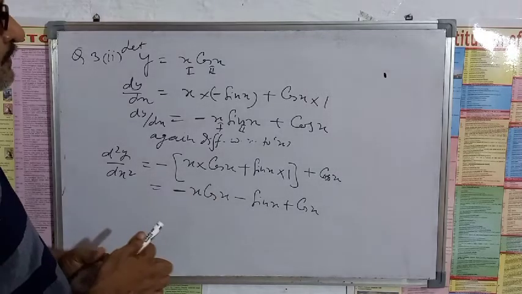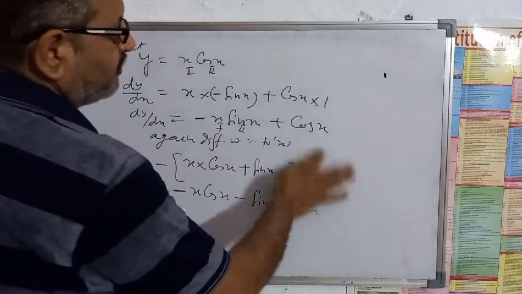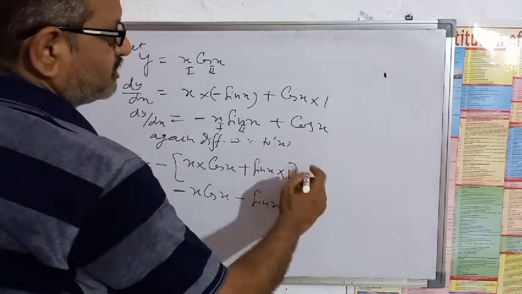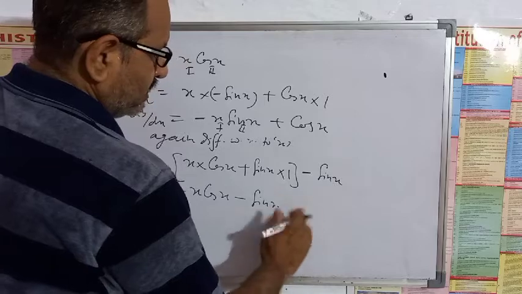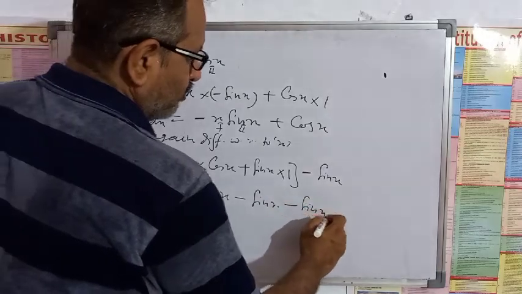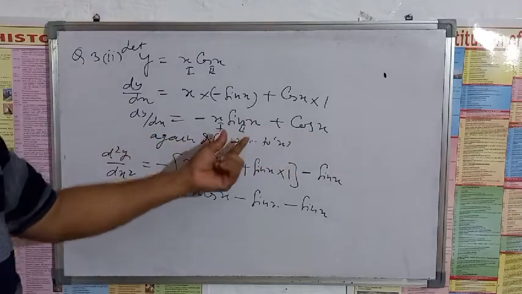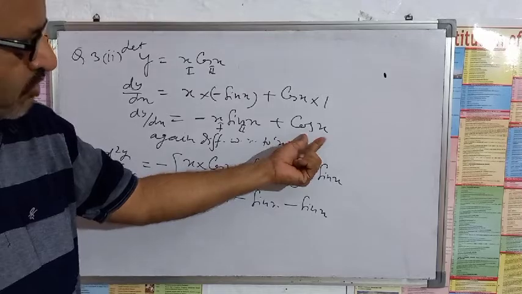Something mistake here. We have differentiated this one, but we have not differentiated this cos x. So find the differentiation of cos x. Cos x derivative is minus sine x. It has two terms, so here we can apply the product rule, and also we have to differentiate cos x.